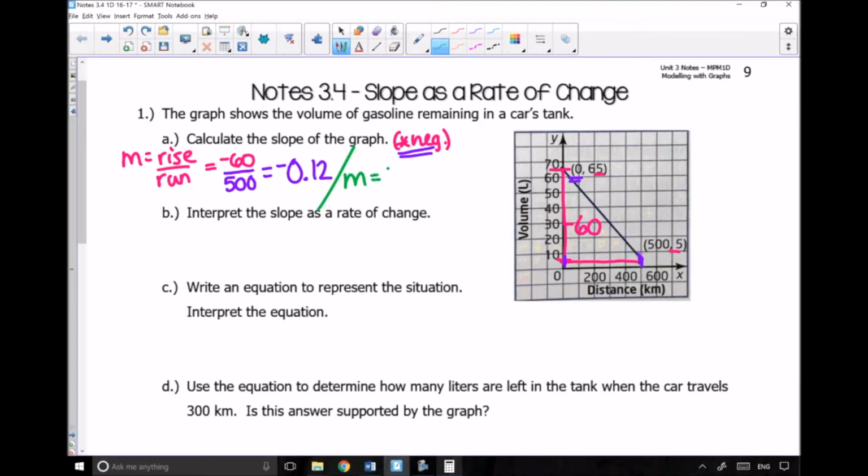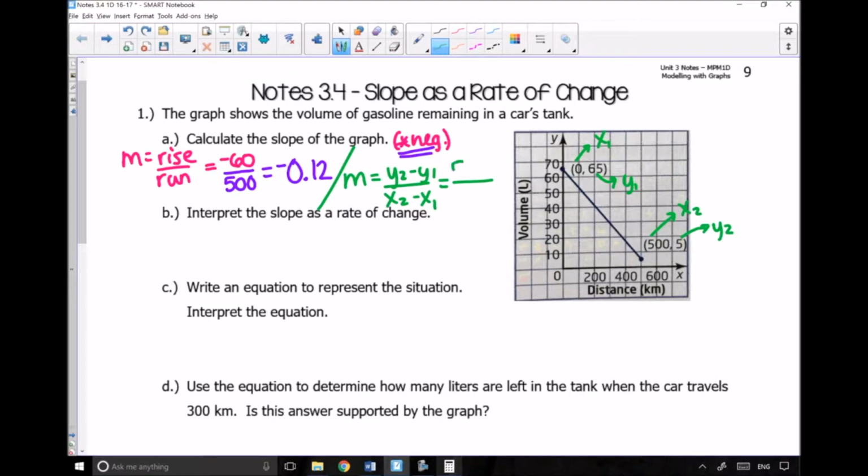Let's use y2 minus y1 over x2 minus x1. And let's go ahead and figure out what my values are right here. I'm going to call this one x1 because it's my first x. This is y1, this is x2, and this is y2. So let's plug in our information.